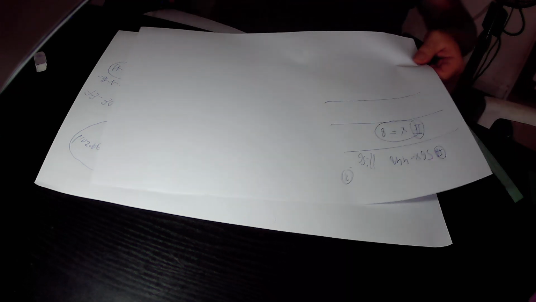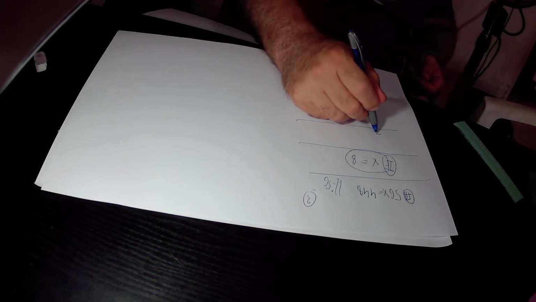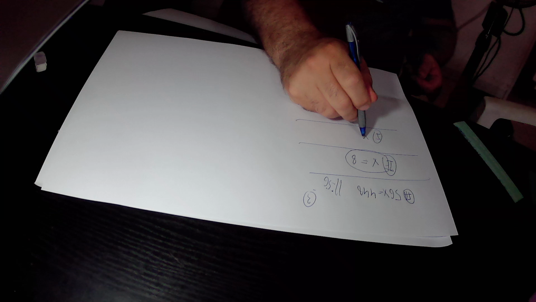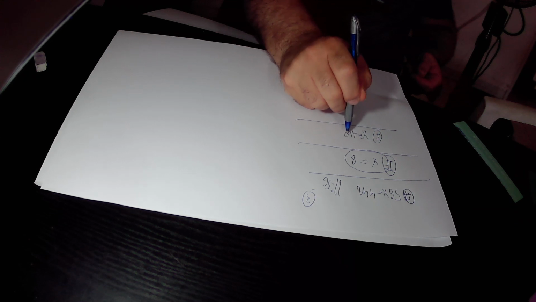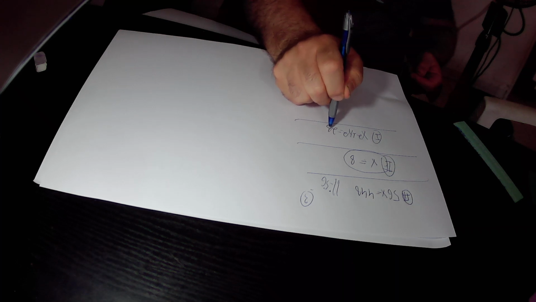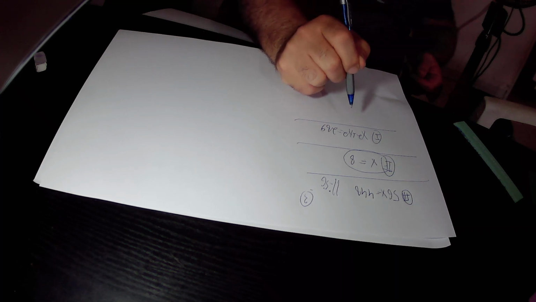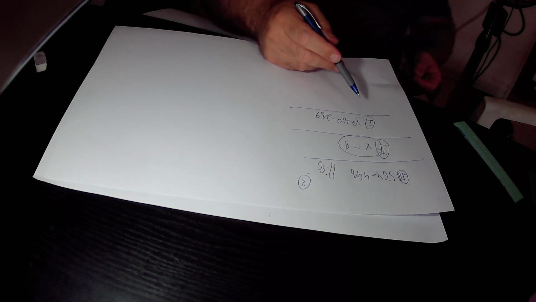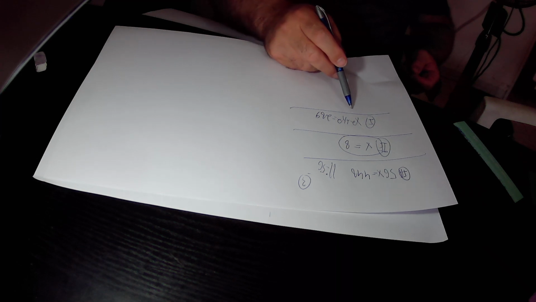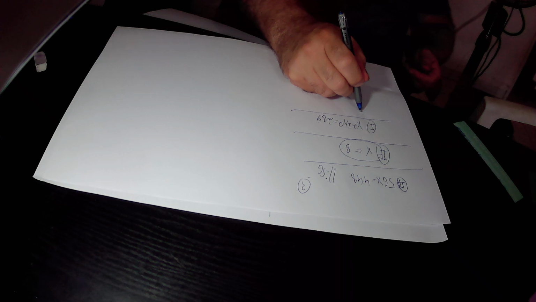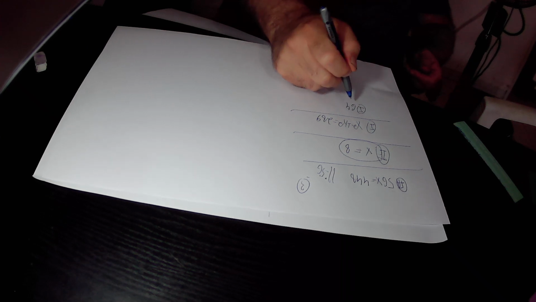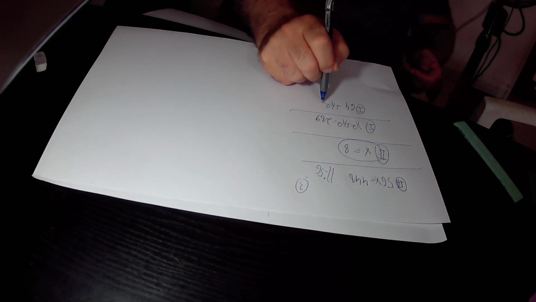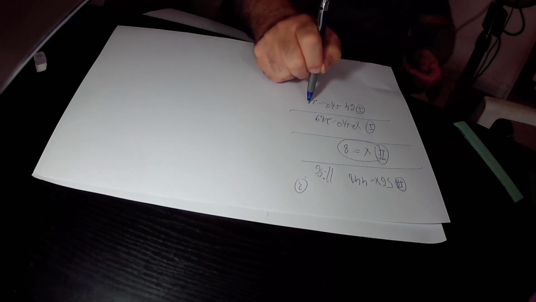But according to equation 1, we have already found out that x squared plus h squared equals 289. Now we know if x is 8, it means that x squared is 64. Therefore, we can substitute x squared in equation 1 by 64. We get that 64 plus h squared equals 289.